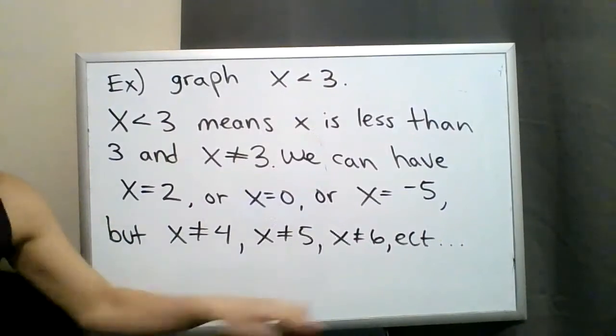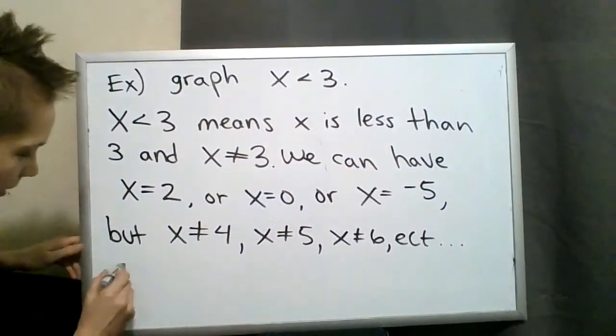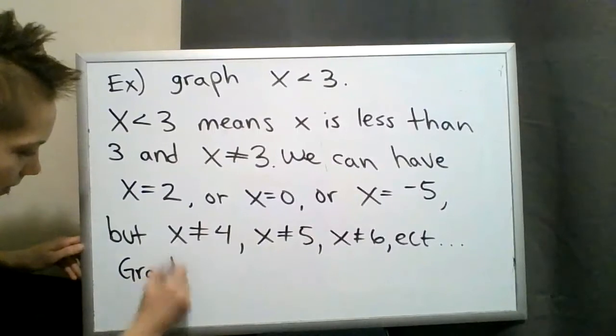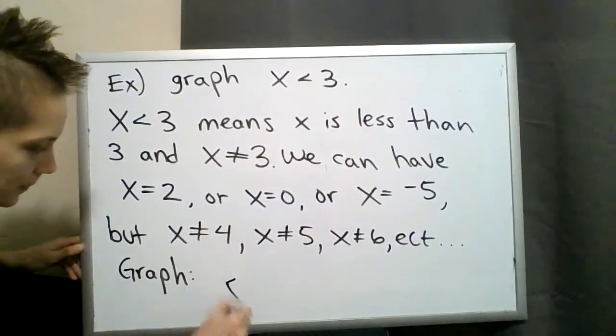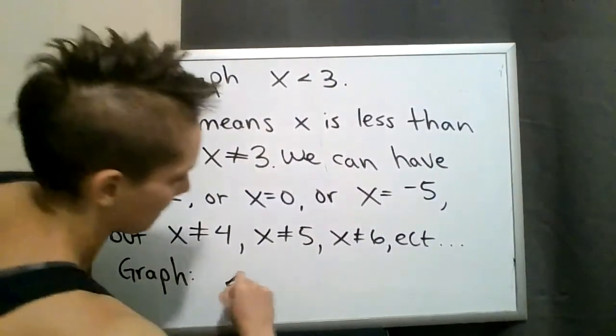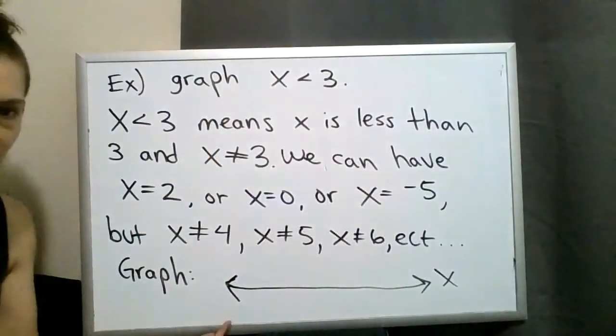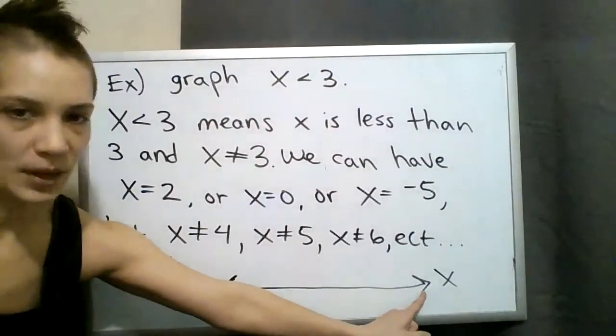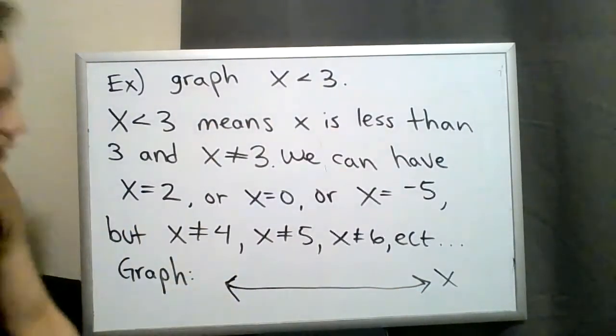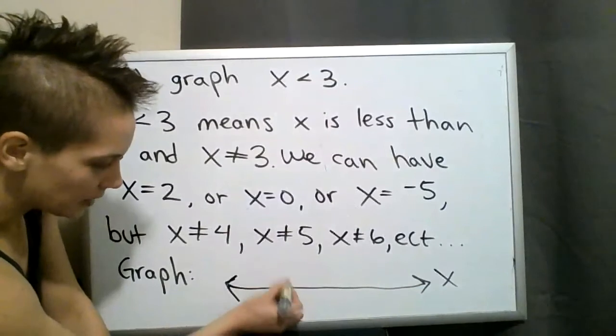All right, so we draw our number line for the graph. This way is negative infinity. To the right is positive infinity. We want to put 3 somewhere on our graph.